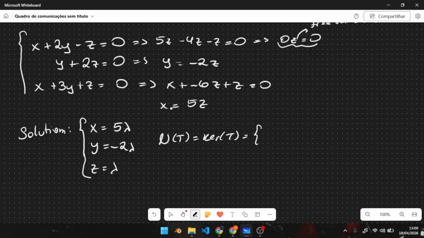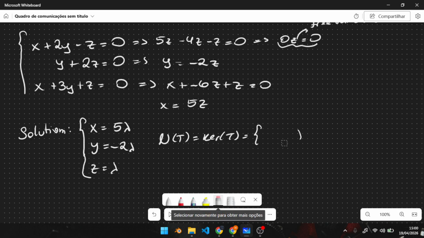It is a set of vectors 5z, minus 2z, z, for z being a real number.